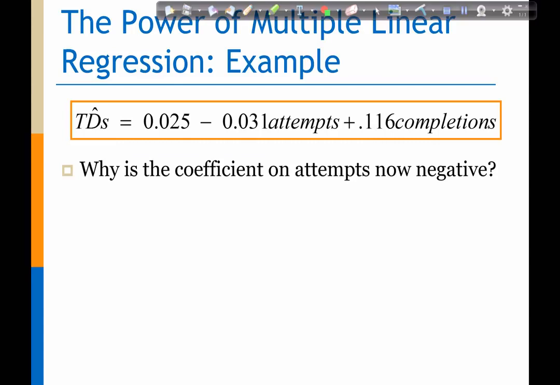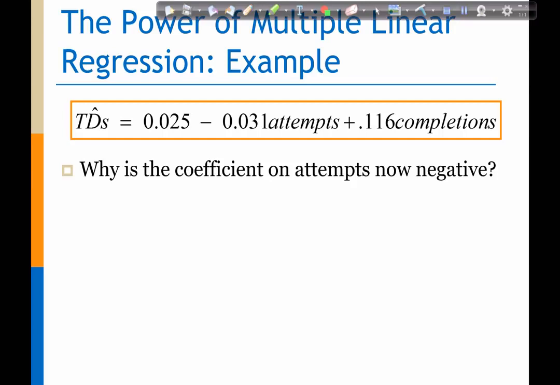Now, if I add completions into the model, I find the following. Touchdowns is equal to 0.025 minus 0.031 times attempts plus 0.116 times completions. All of a sudden, the coefficient on pass attempts is now negative. So what's going on? Well, the answer is we've added completions.